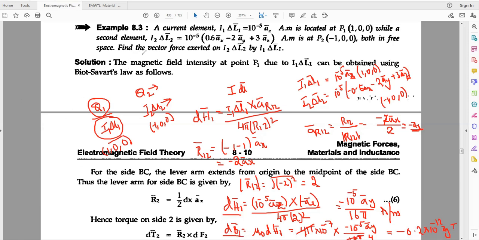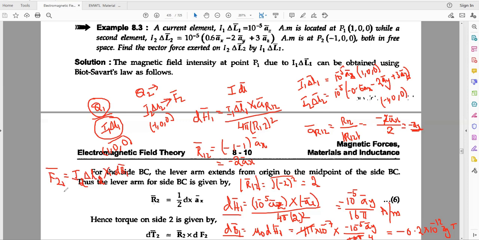So finally, what they are asking here is to find the vector force exerted on I2 delta L2 by I1 delta L1. F2 bar is the force due to I1 delta L1, which is I2 delta L2 cross dB1 bar.